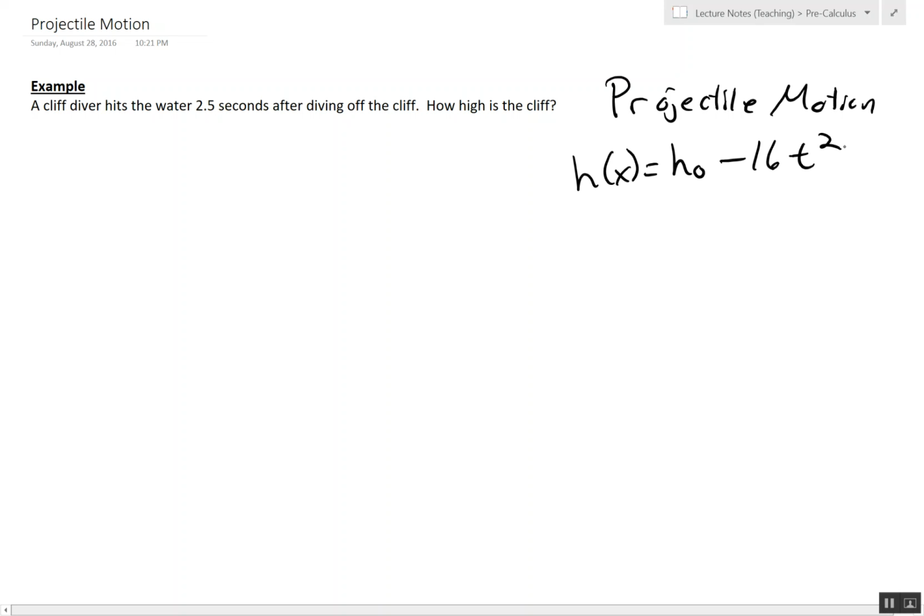So this negative 16 is going to be the effect due to gravity, which is something you learned about in physics, or if you take Calc 3 at some schools. But there is no accounting for things like atmospheric, wind resistance, that kind of stuff. So this is still a pretty unrealistic model, but this is the one we are going to do. So this is height at t equals 0.